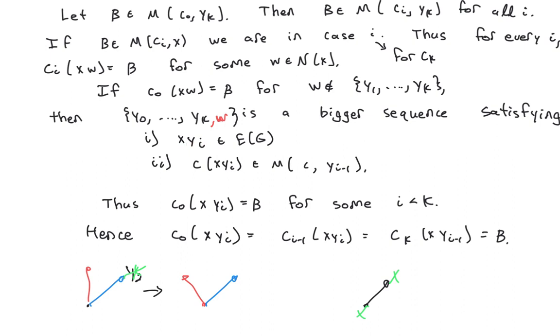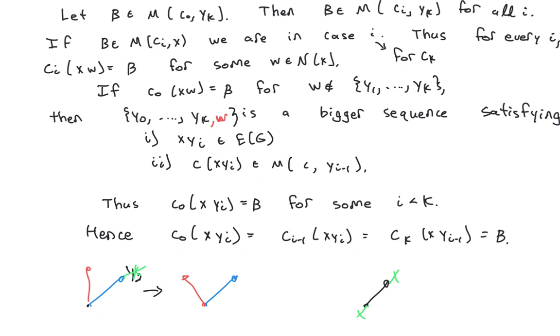And so that tells us C sub 0 of XY_i has to be beta for some i less than k. In other words, beta has to be used on one of the previous vertices before k. And so we see this color beta, it's used on the edge XY_i with respect to the original coloring.